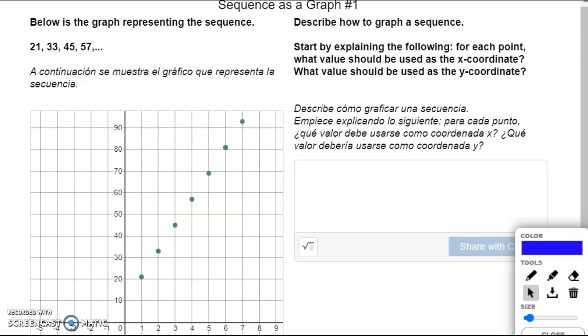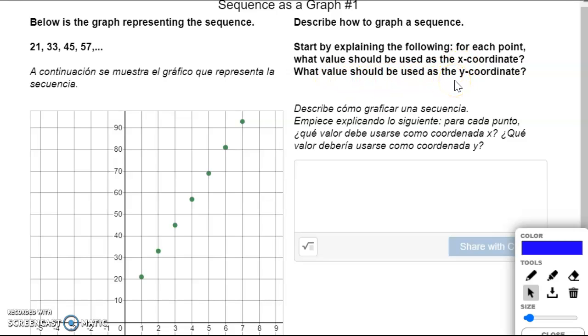Okay, so this is card number 5. Here it says below is the graph representing the sequence 31, 33, 45, and 57. Describe how to graph the sequence. Start by explaining the following. For each point, what value should be used as the x-coordinate, what value should be used as the y-coordinate.